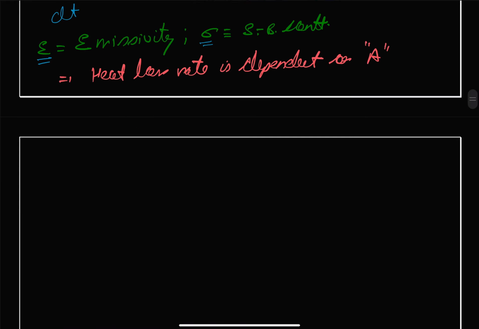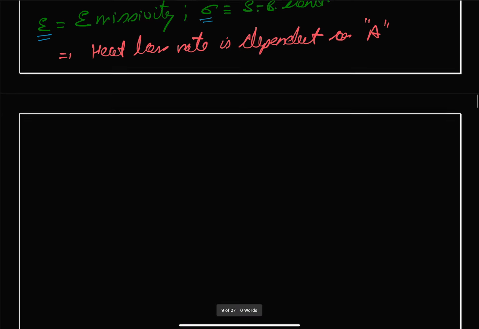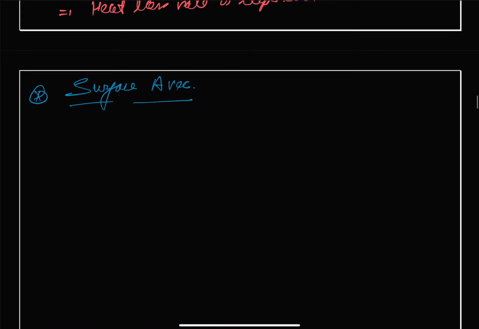So let's calculate their surface areas. First is our solid sphere. Solid sphere radius is given as A. So we can say the surface area of the solid sphere is equal to 4 pi r square.